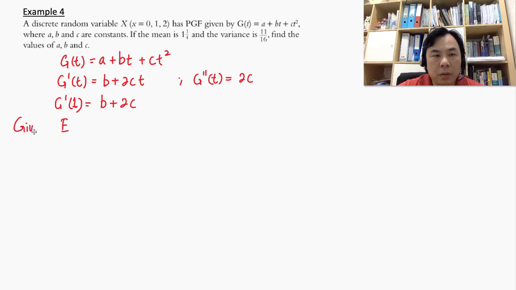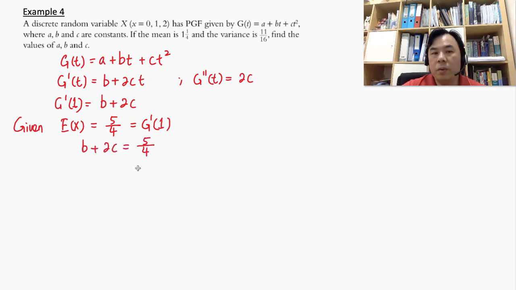So we are given the expected value, which is 5 over 4, and this is given by the first derivative of our probability generating function. Therefore I can write down b plus 2c is equal to 5 over 4, or generally you can write down 4b plus 8c equal to 5 there. That will be my first equation.